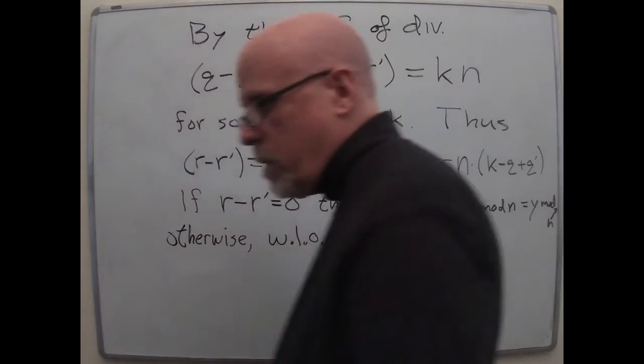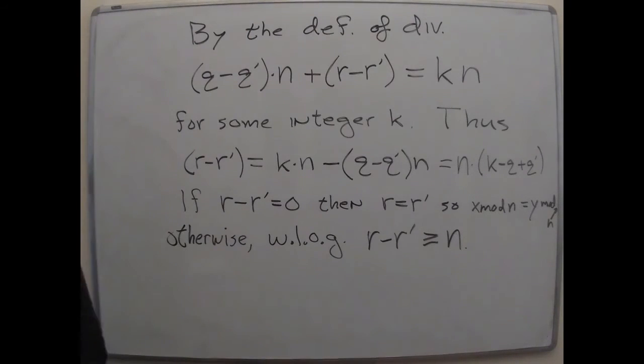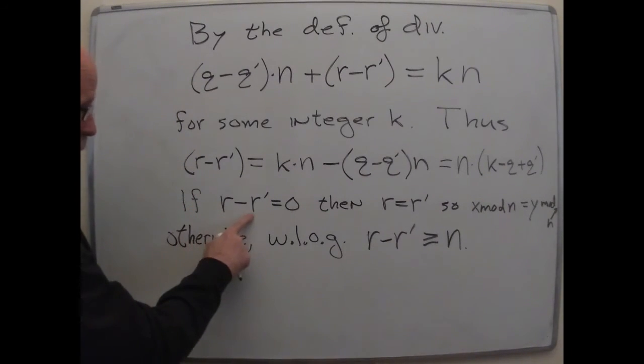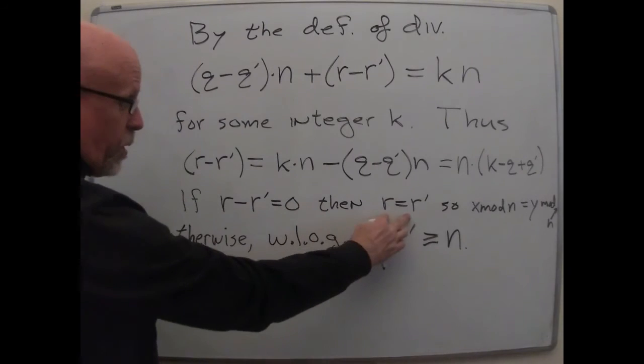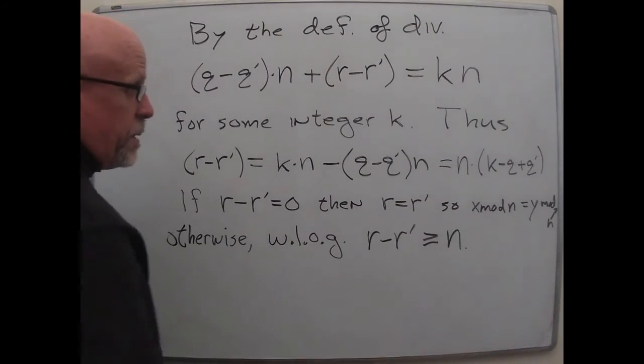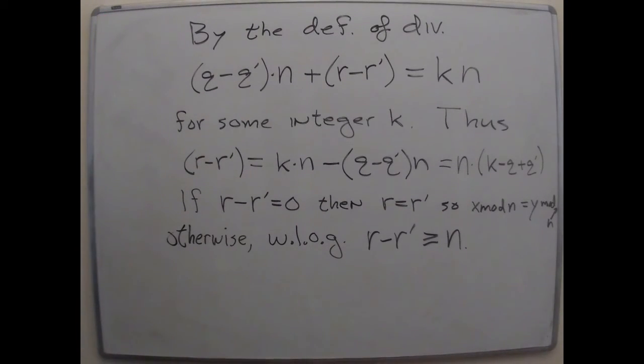All right, that's good stuff. Why does that help us? Because I'm trying to show that this isn't the case, that in fact r minus r prime is 0, and that means r is equal to r prime, so the conclusion is valid.